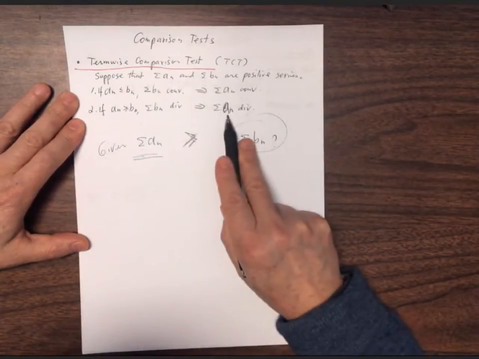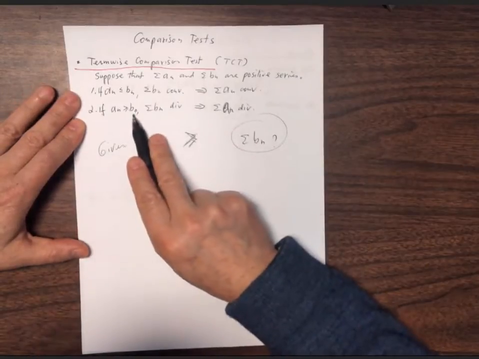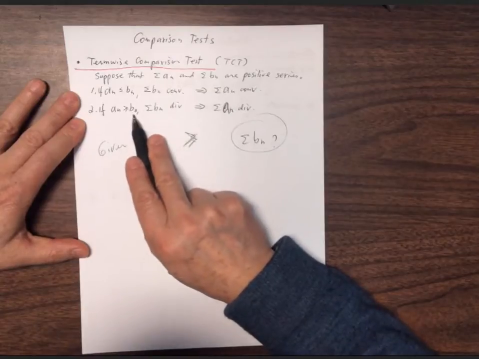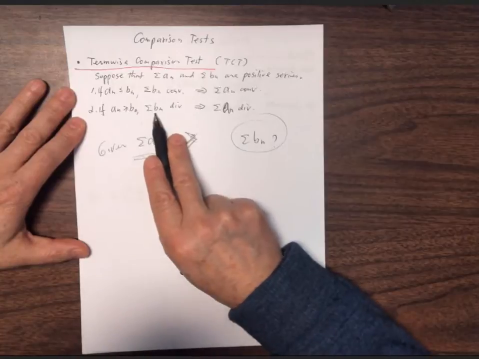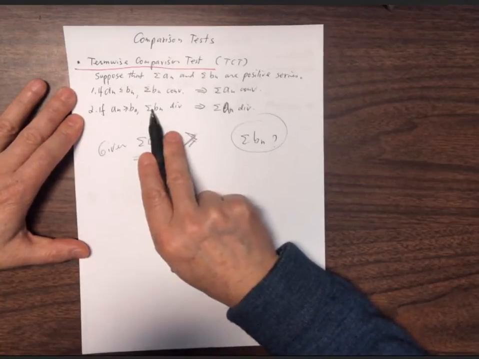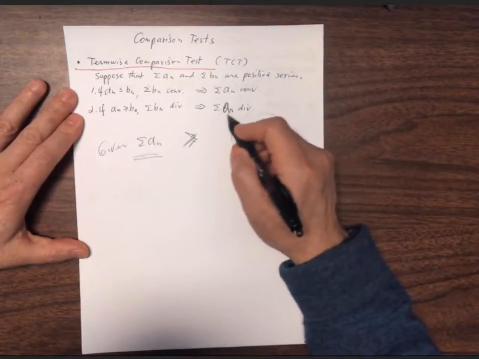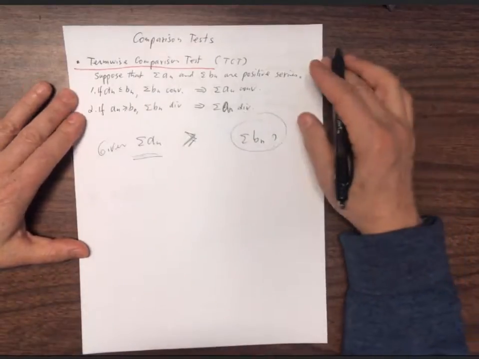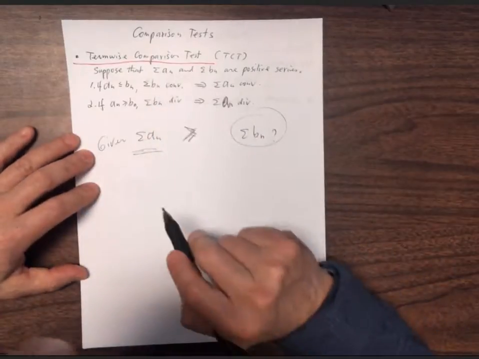If we tend to believe the series will diverge, we better find a smaller series, containing smaller numbers. And of course, this would have to diverge. Then we can conclude sigma an will actually diverge. So anyway, this is the term-wise comparison test.